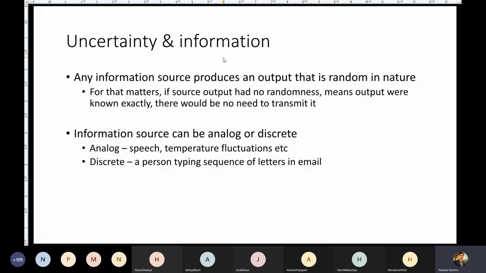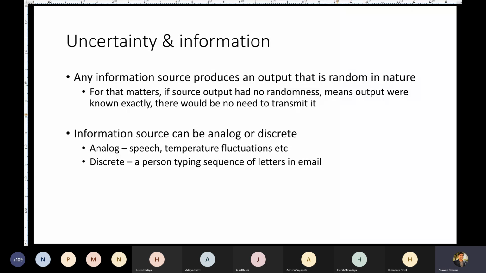If everything is already known, then we know everything. We don't want any communication. When there is no communication, there is no concept of information theory, right? So randomness is inherent in the physical processes and information processes, and that is leading to information.